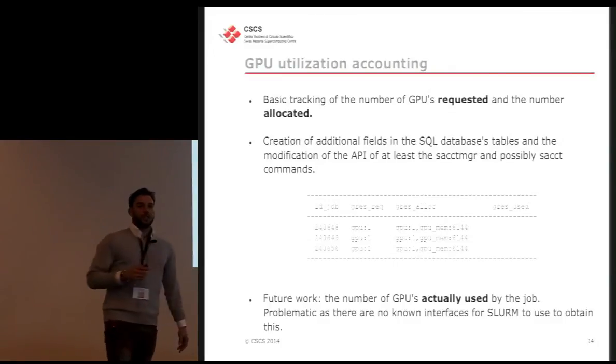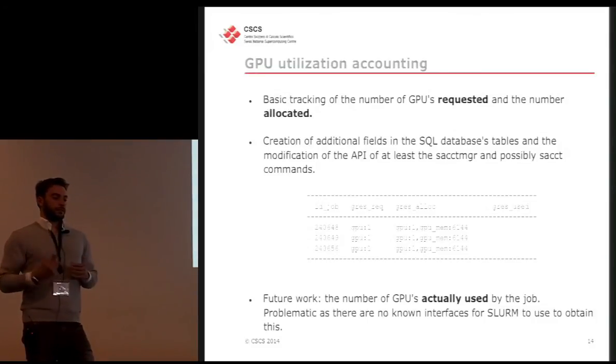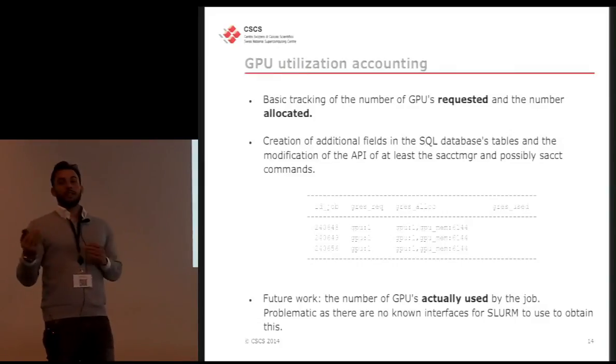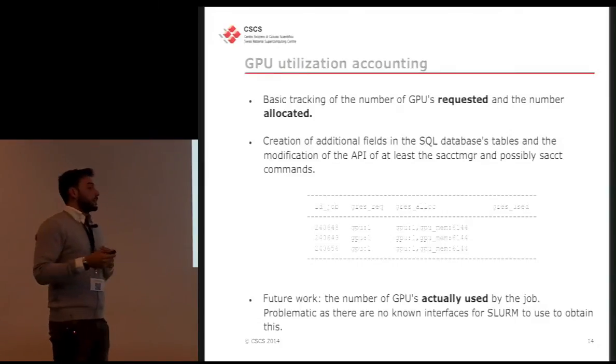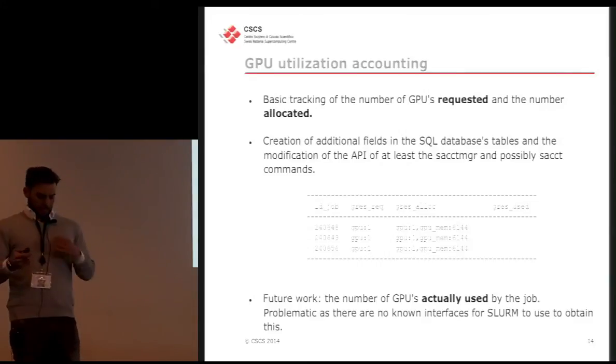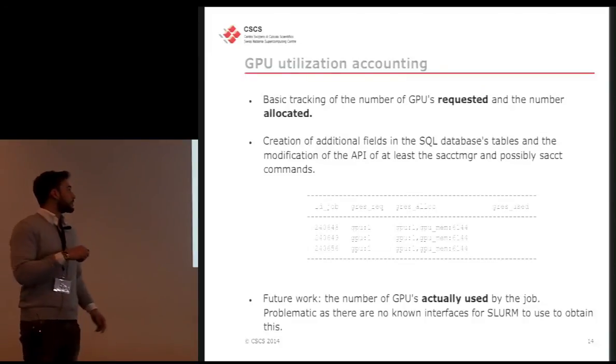GPU utilization accounting. Because of this new feature, the GRES, we wanted to be able to measure how much GRES was allocated and requested for every job. So the SLURM code has been modified, and even the accounting storage plugin.